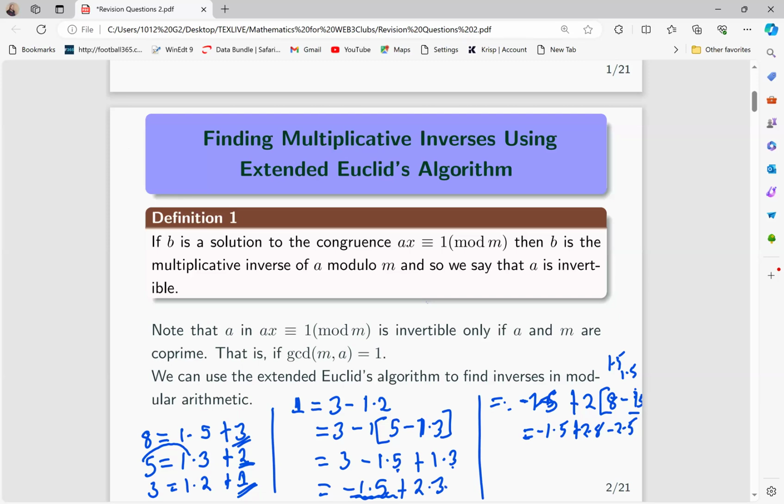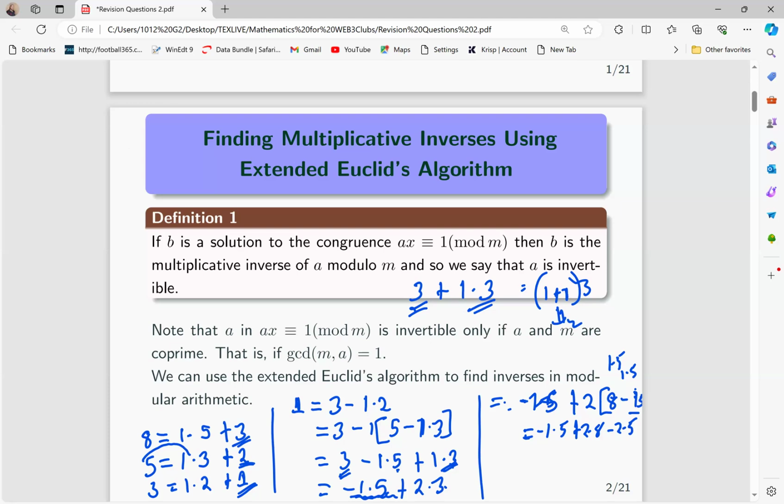Is that okay? Yes. You see, I have this 3 and I have this 1 times 3, and I'm factorizing: 3 plus 1 times 3. When you factorize 3 outside the bracket, what is inside the bracket? This 3 goes here 1 and also goes here 1. So this gives me 2. That is how I get the 2.